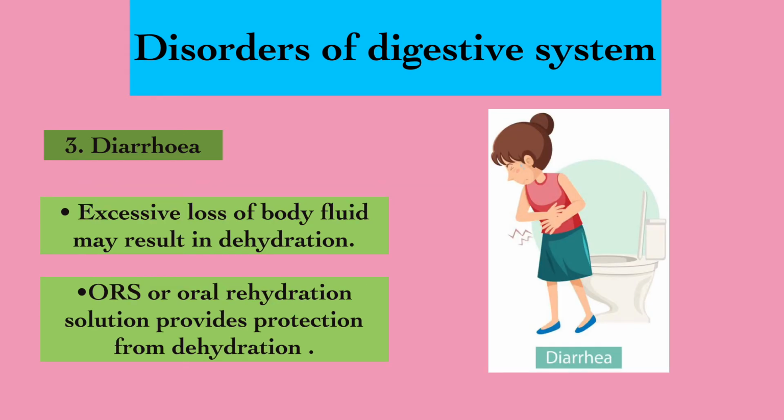As we discussed earlier, diarrhea causes extreme dehydration because of less absorption of water and food in our body. So excessive loss of body fluid may result in dehydration. ORS, which is popularly known as oral rehydration solution, provides protection from dehydration.